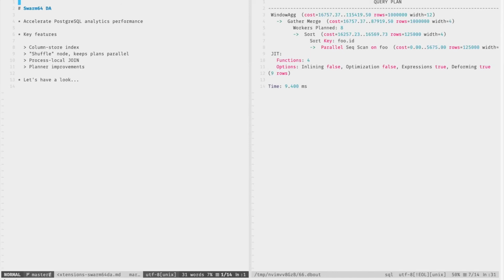And we have a couple of key features. So we have a column store index, which definitely helps you with this index problem we just talked about earlier, because you could drop existing indexes and replace them by that one, and then drive your whole analytics over it. So that then provides a view onto existing tables, which Postgres stores in a row format, but you get by that a column-oriented storage without changing data, without copying data over.